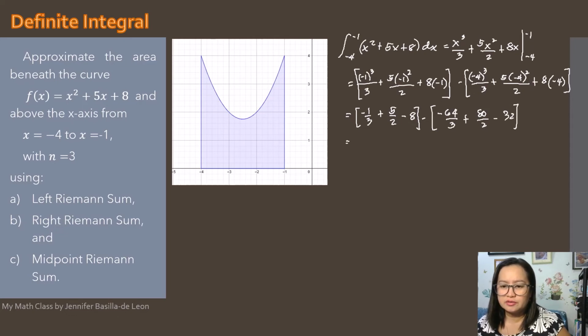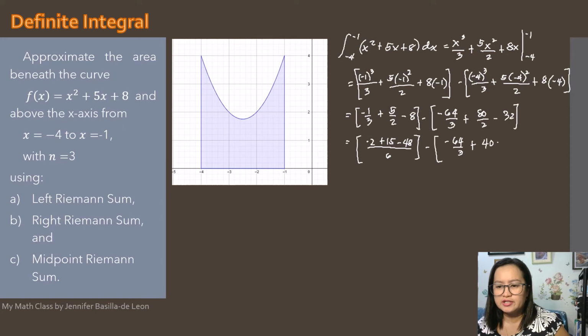And then we get the LCD. We will have 6. So we will have negative 2, then we have 15, and then 48. Okay, then we just simplify this. 64 over 3 plus 40 minus 32.